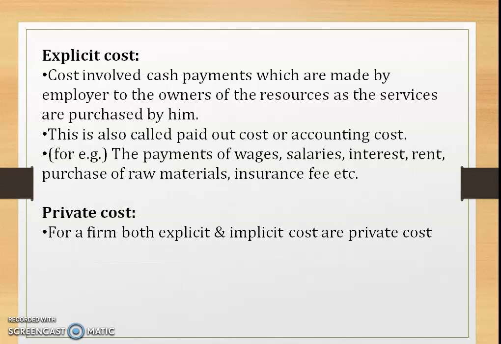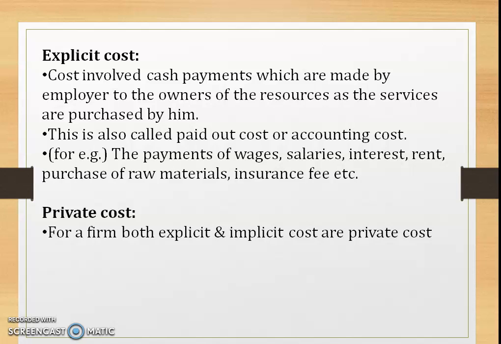Let's see the explicit cost. This is nothing but the normal business expenses. All these costs are recorded in the account book. Let's see here. Explicit costs involve cash payments which are made by the employer to the owners of the resources, as the services are purchased by him, like raw materials, etc. This is also called payout cost or accounting cost.